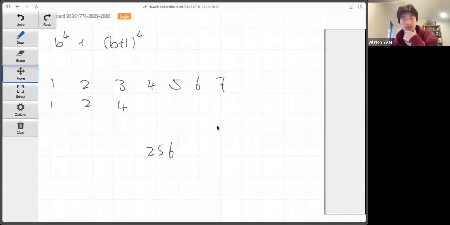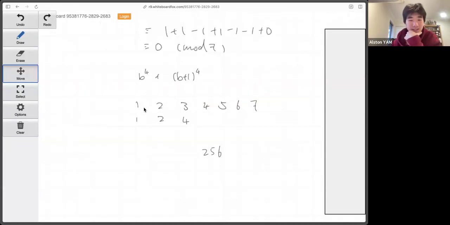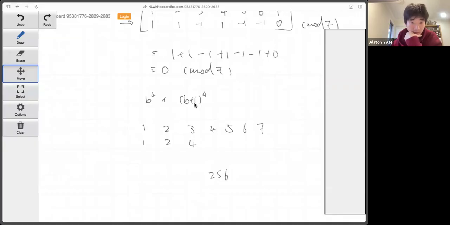Okay, I think you get the point: you analyze each number to the 4 mod 7, right? And then you have 2 consecutive fourth powers.